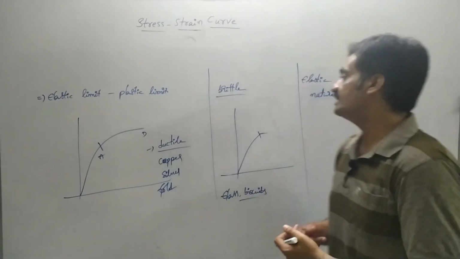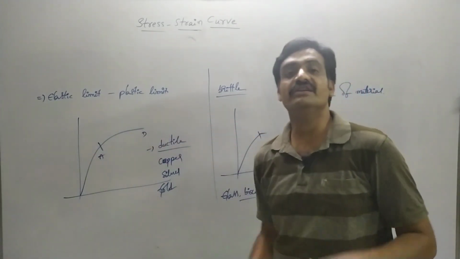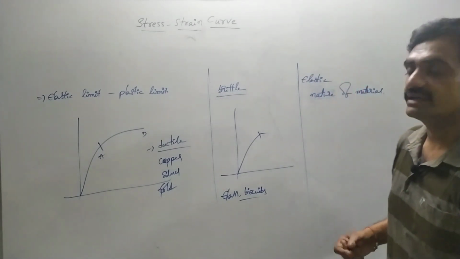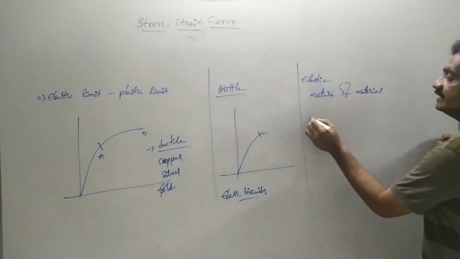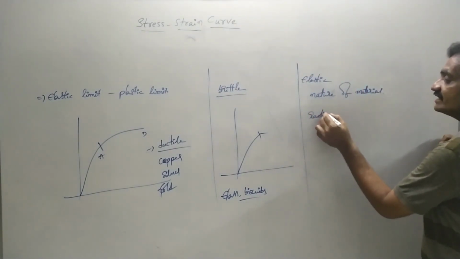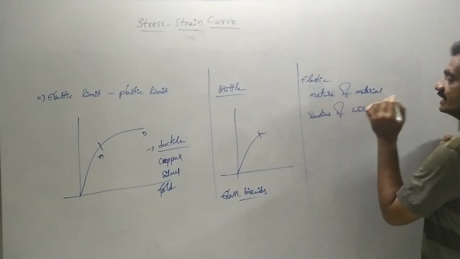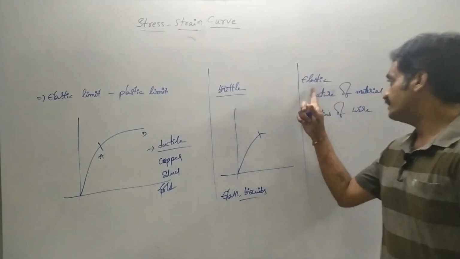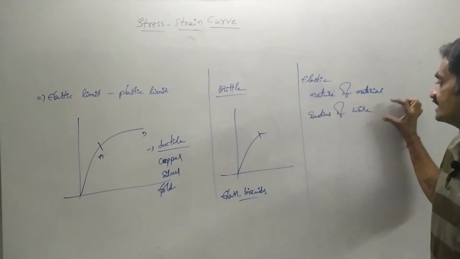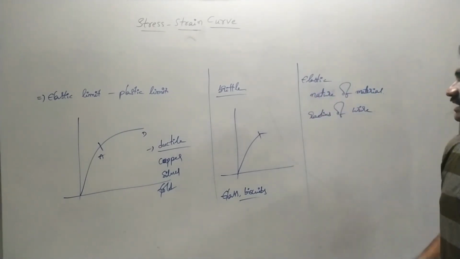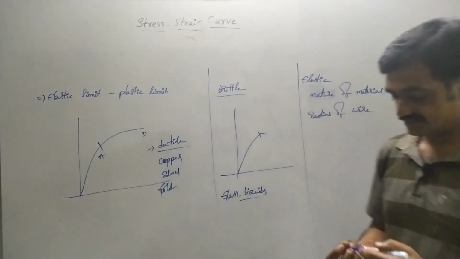Based on the nature of the material, we can represent the elastic limit of that particular wire, as well as it depends upon the radius of the wire. Elastic limit depends upon the nature of the material as well as the radius of the wire.